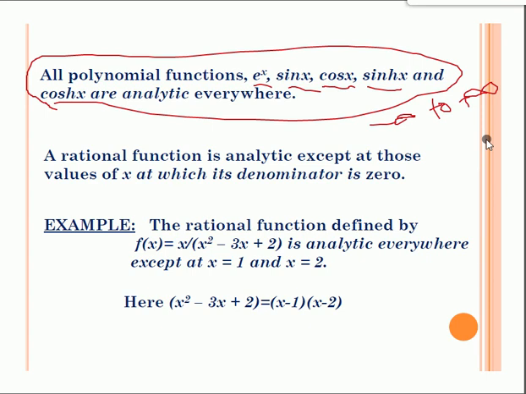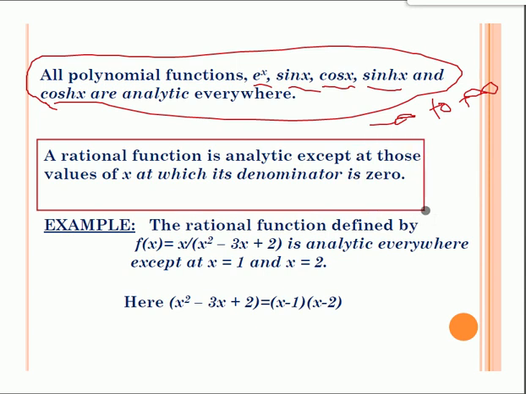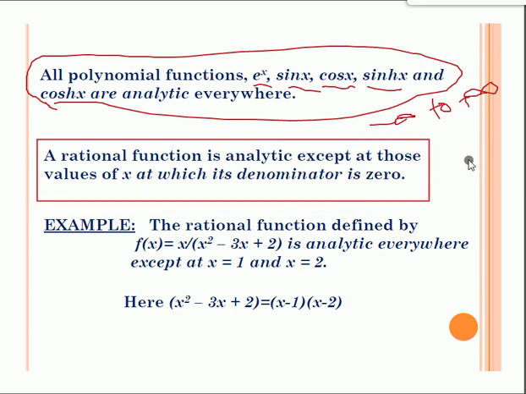A rational function is analytic except at those values of x at which its denominator is 0. Be careful here, this is the important term. A rational function is in the form of p upon q, that is, p of x by q of x.